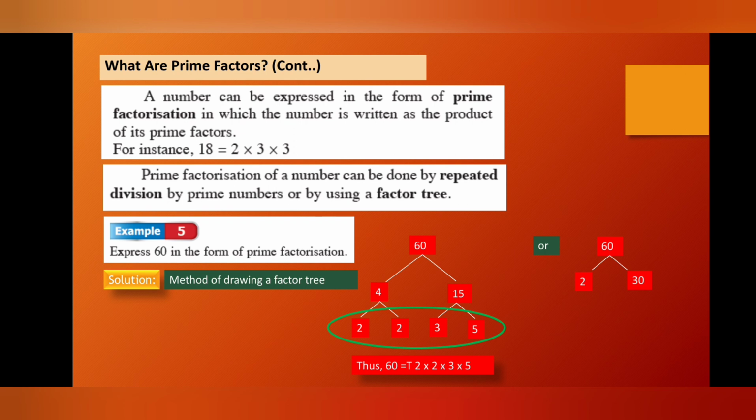You just bring down the number 2 in the figure. For 30, you can multiply 3 by 10 to get 30, and 3 here is also a prime number already.